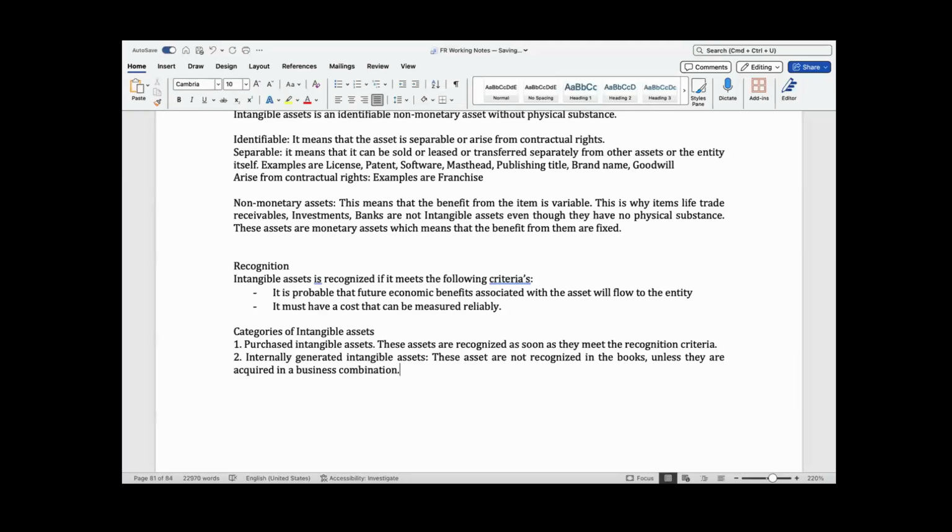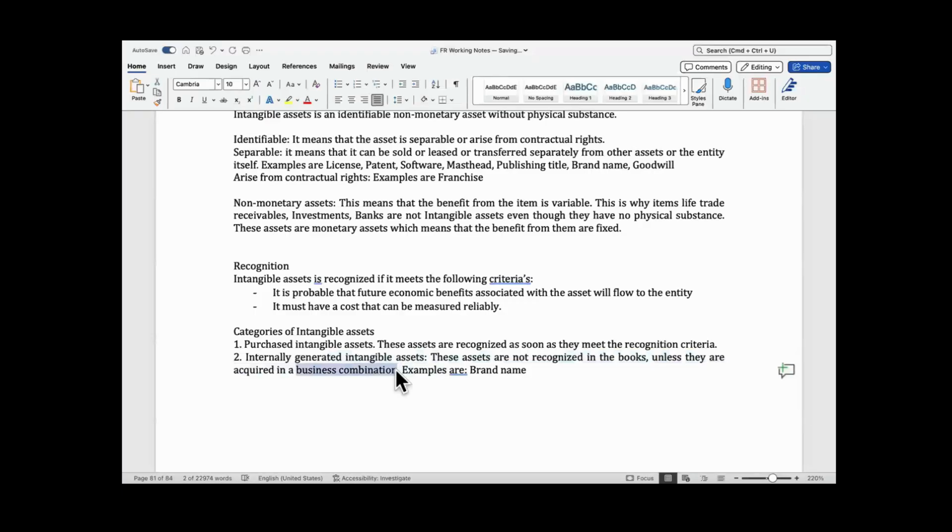And examples of such assets are, you have brand name. So brand names are not recognized in the books as an intangible asset, even though it is an asset, but it can never be recognized in the books, except or unless it is acquired in a business combination. And you know what I mean by being acquired in a business combination?